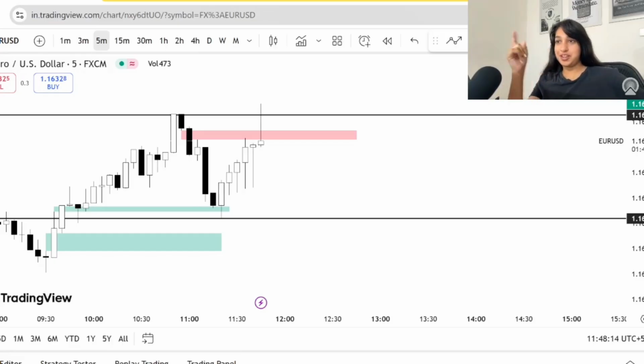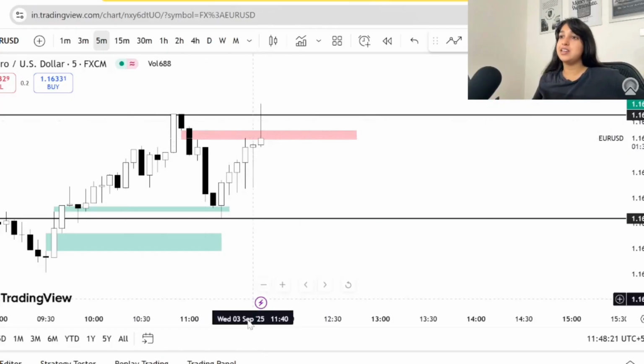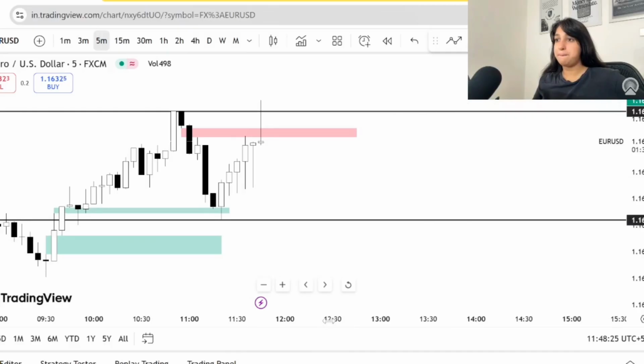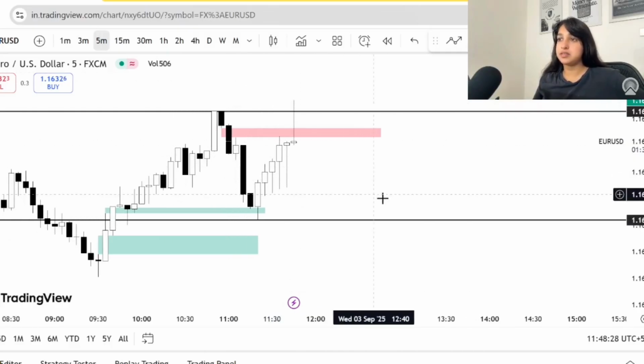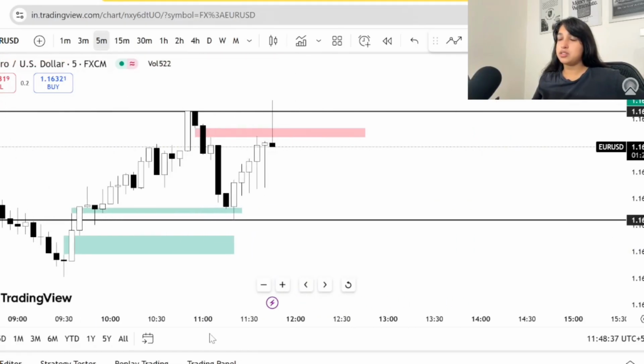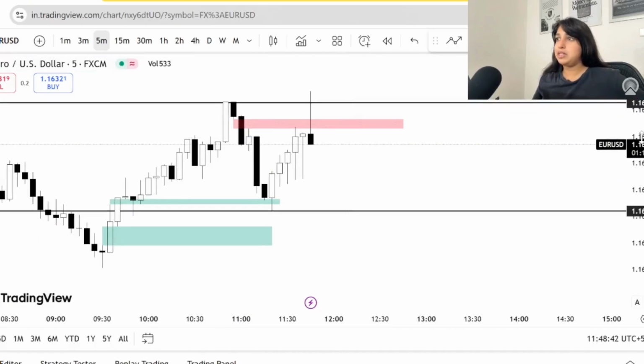Okay, so we saw that this candle right over here took the highs of the previous candle, and it's supposed to be closing within this range. So we can expect a bearish reversal right now. Let's see. This is a good sign, because whenever there's this kind of sweep, the probability gets higher.